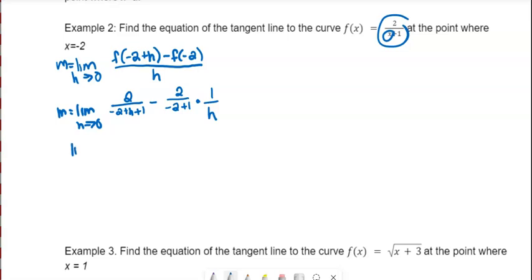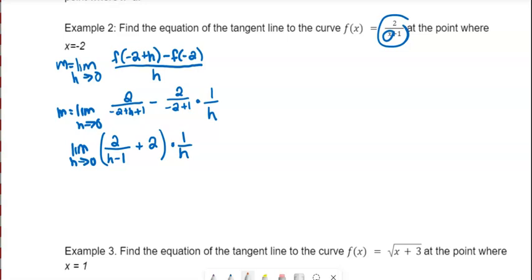Okay, so the limit as h approaches 0. So I'm going to clean up this part first. I have 2 over -2 plus 1 is h minus 1. And -2 plus 1 is -1. 2 divided by -1 is +2. And that's all being multiplied by 1 over h. And now I want to create a common denominator to get all of this over the same thing.